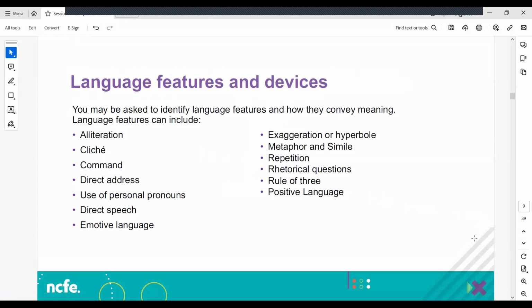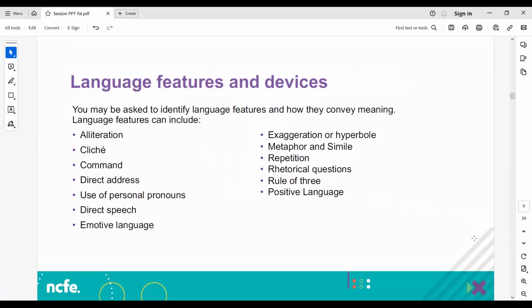So, language features and devices. So some of these, or all of these, were mentioned in the video. There were some additional ones in the video. But have a look at these and see if there's any language features that you recognise. So just take a moment to read through them.